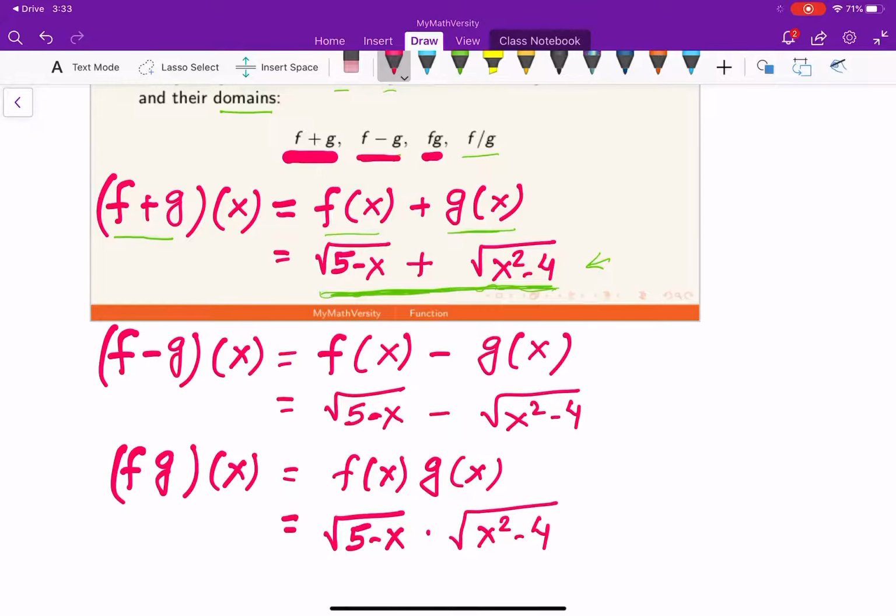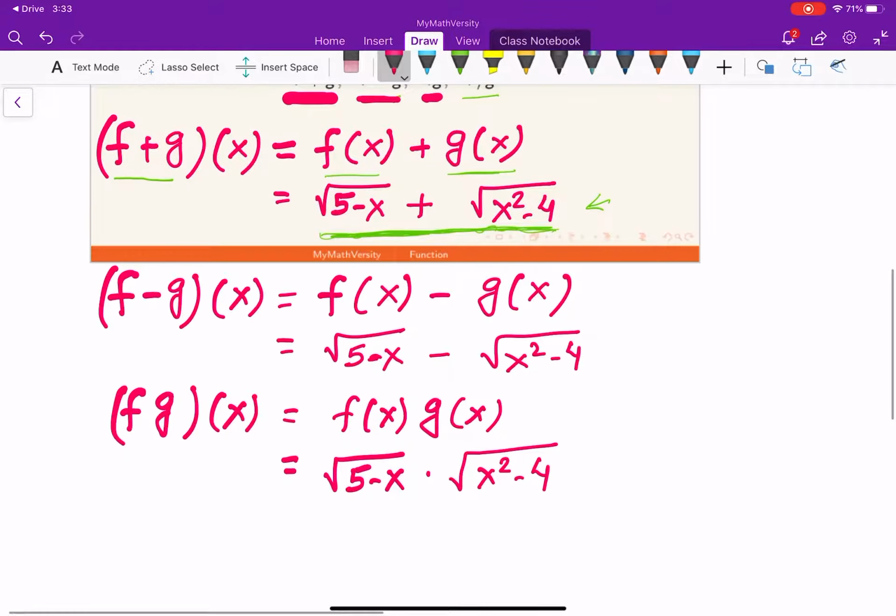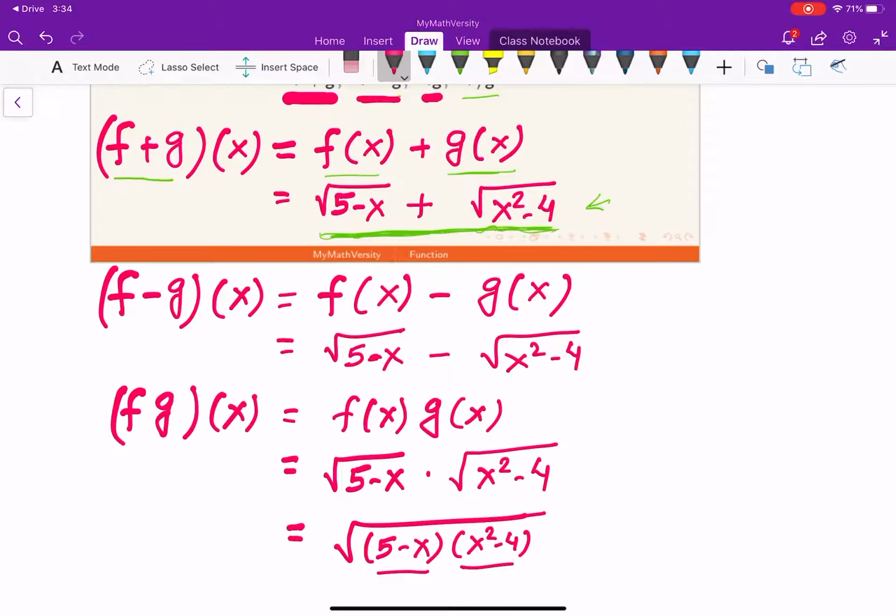Either you can leave it like that, or you can combine the radicals under one root, or multiply and expand and see if we can combine. But this is already a good product function.